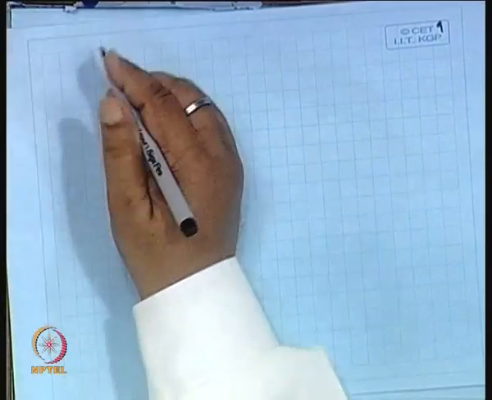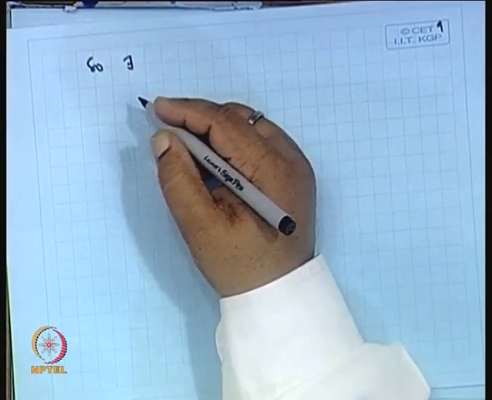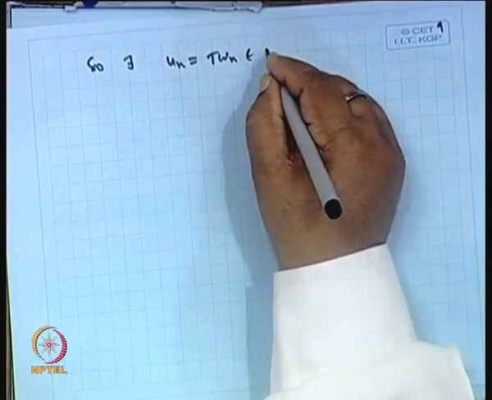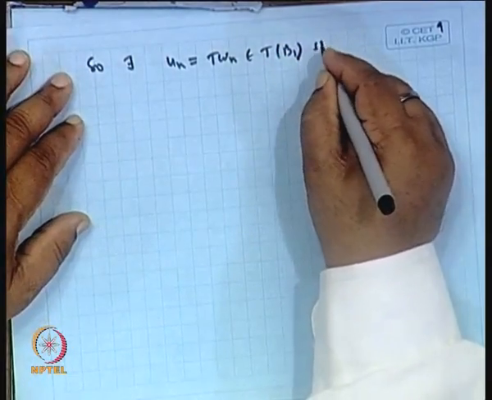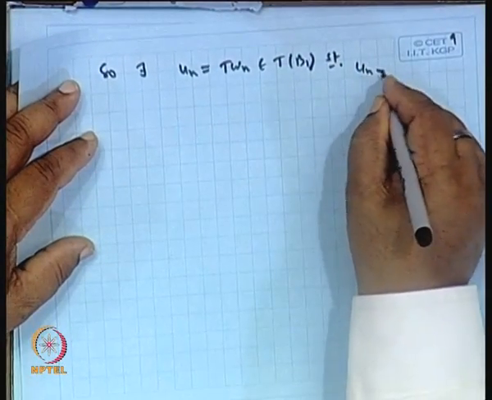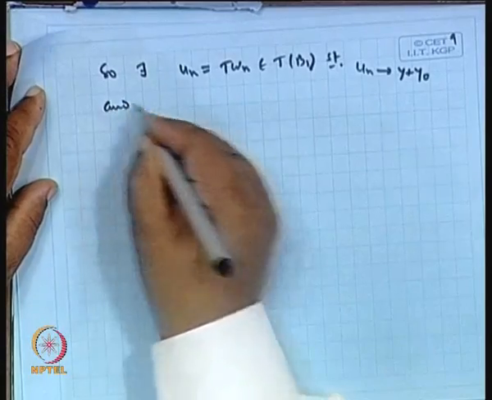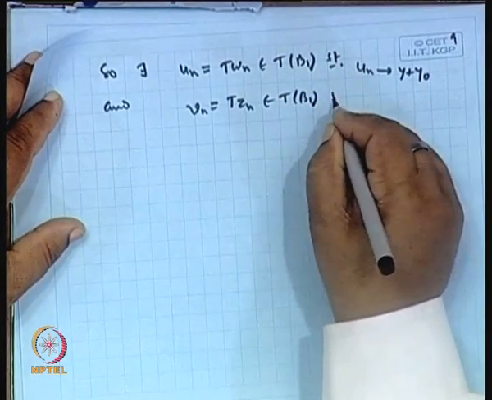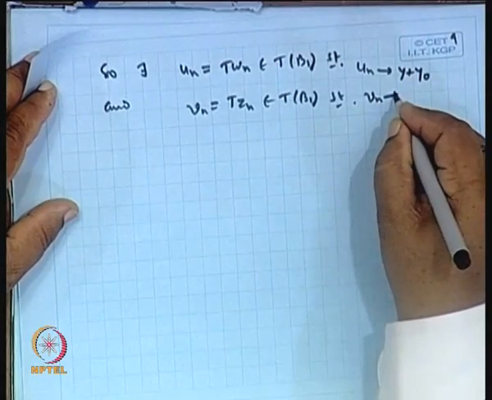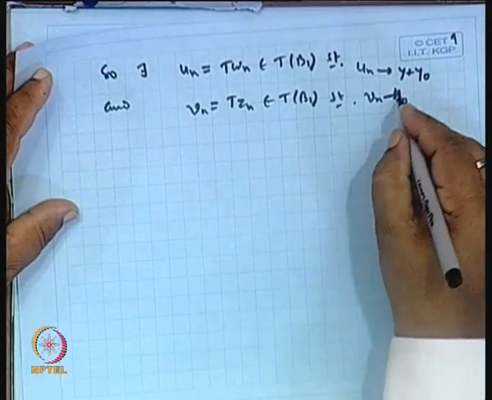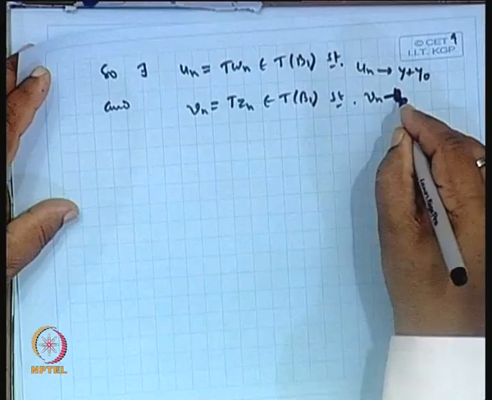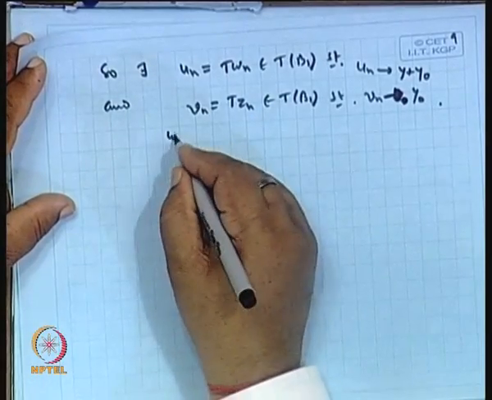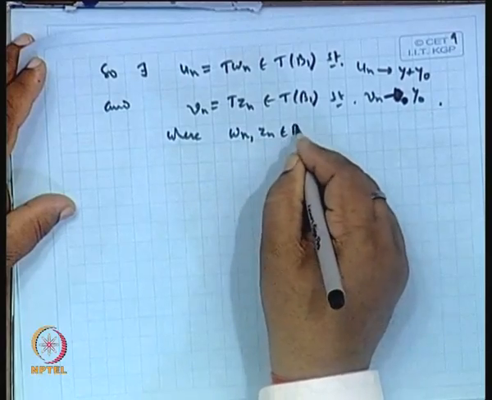So there exist sequences: U n, which is T of W n in T B 1, such that U n goes to y plus y naught, and V n, which is T of Z n in T B 1, such that V n goes to y naught, by definition of the closure, where W n, Z n belong to B 1.